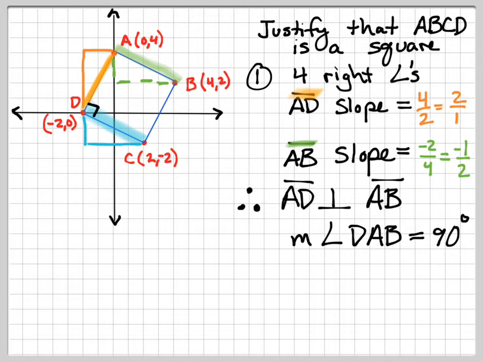And we can indicate that over here in our drawing, DAB. Okay, and we just have to go through this process one more time. We need to look at angle ABC, and if I have 3 angles that add up to 90, the fourth one has to add up to 90. So I'm going to go through this process one more time.